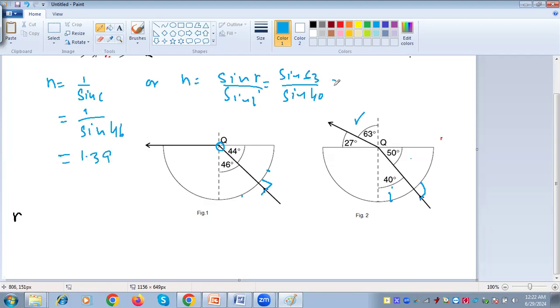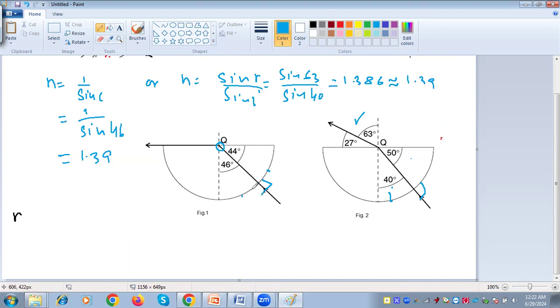Let us check this one: sine 63 divided by sine 40. It's also giving 1.386, almost 1.39. So either you use 1 upon sine C or sine R upon sine I, you get the same answer.